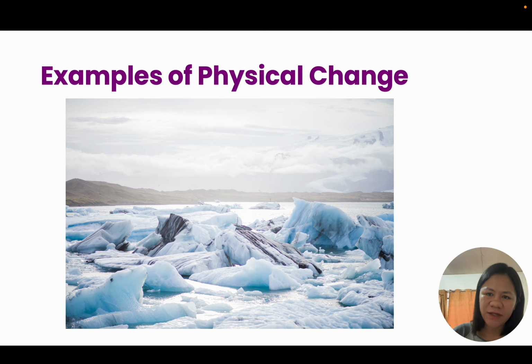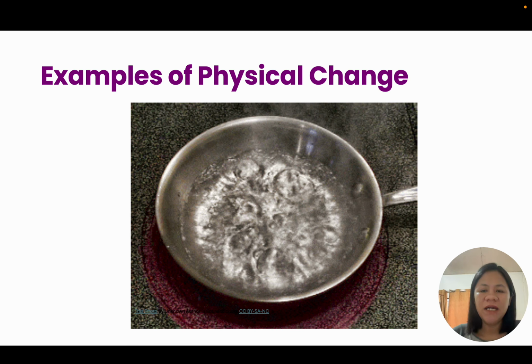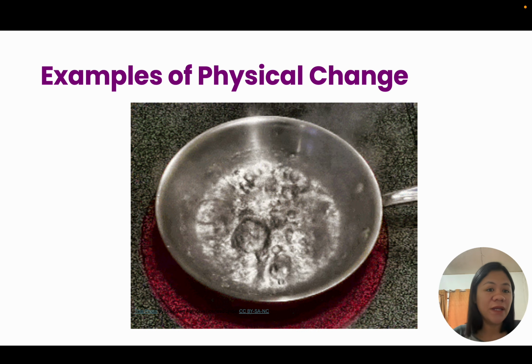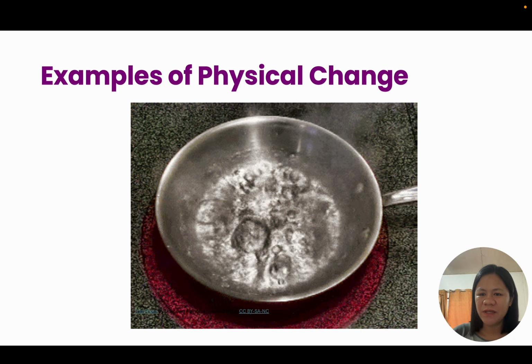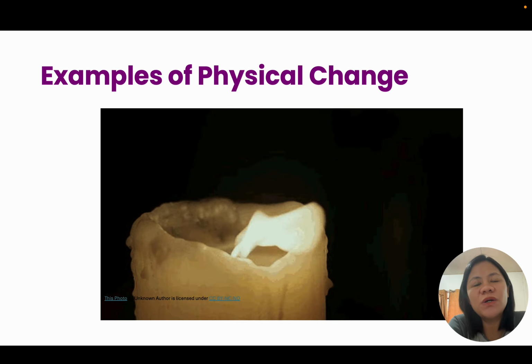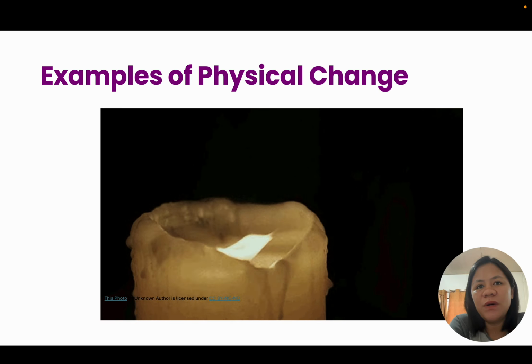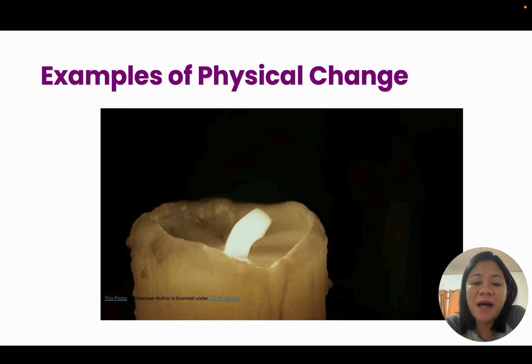Here, ice is an example of physical change. Another one, of course, is solid to liquid, a physical change. Another one, lighting a candle. We notice that if we light the candle, it just melts.